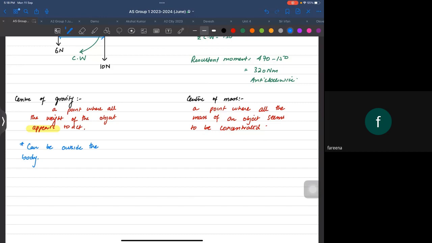Like I would say, if you sleep on a bed, right? So you're sleeping, but then all your weight is acting on the bed. Do you agree? From different points. But then basically all of it, if you look at it in a big scenario, all of it seems like it comes from one single point.